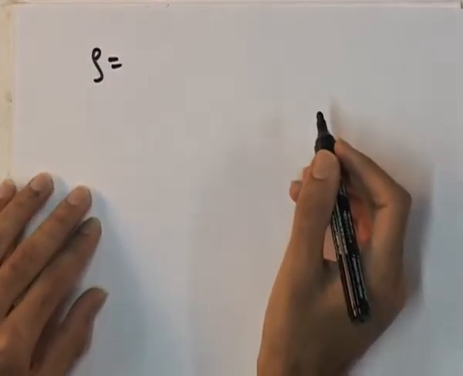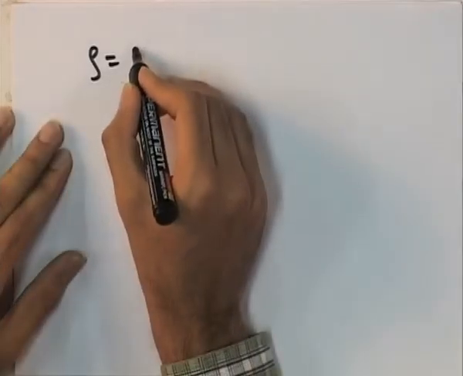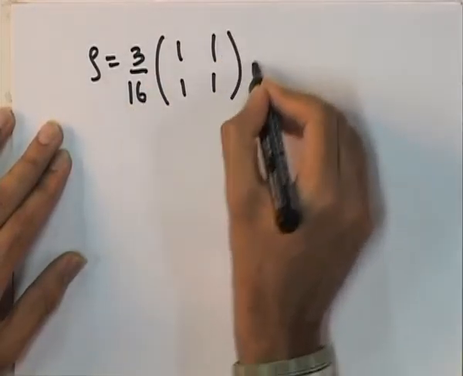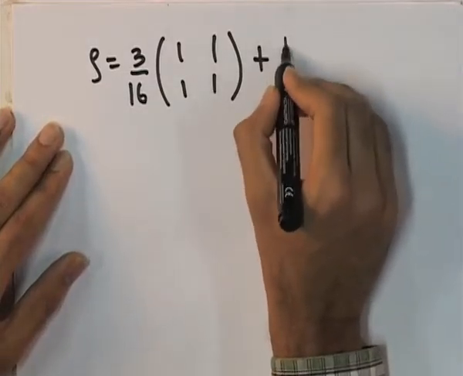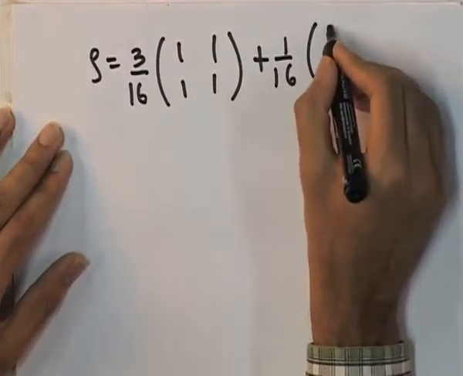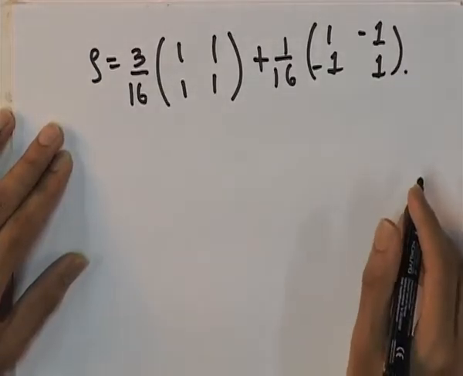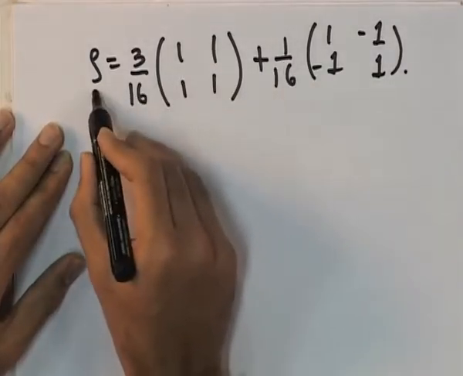On simplifying, this comes out to be 3 by 16 times (1 1; 1 1) plus 1 by 16 times (1 minus 1; minus 1 1). Now all we need is the 1, 1 element of this matrix.